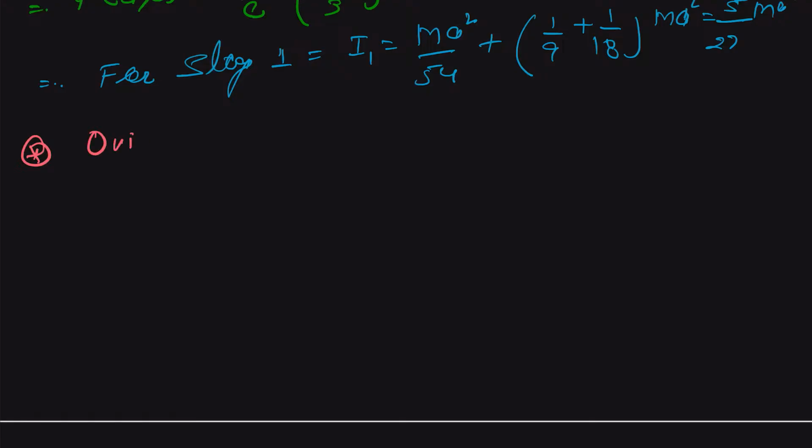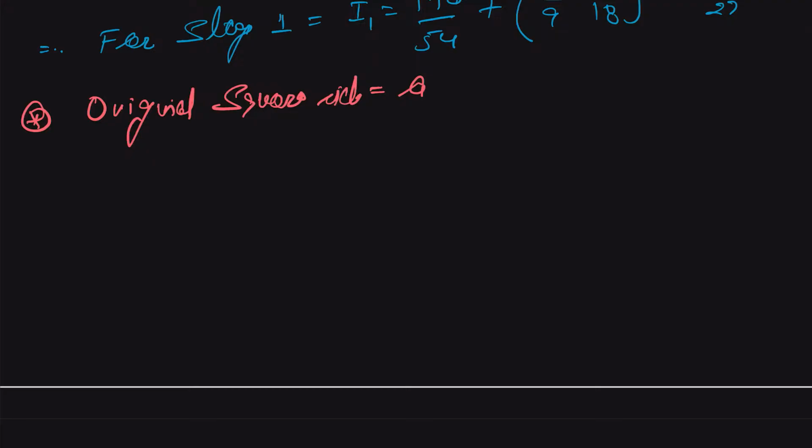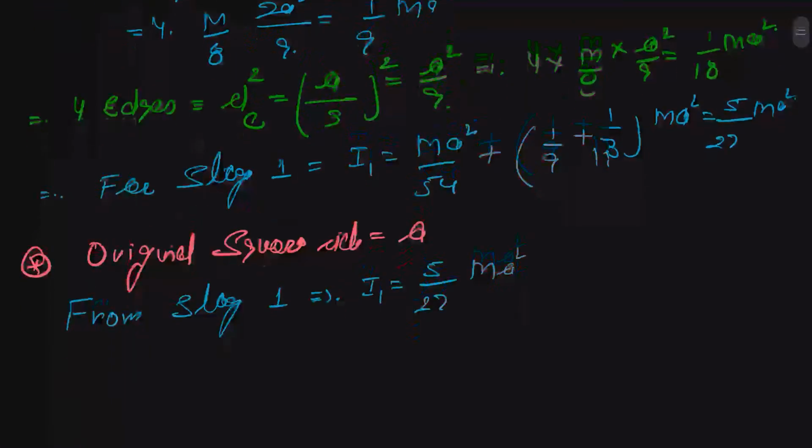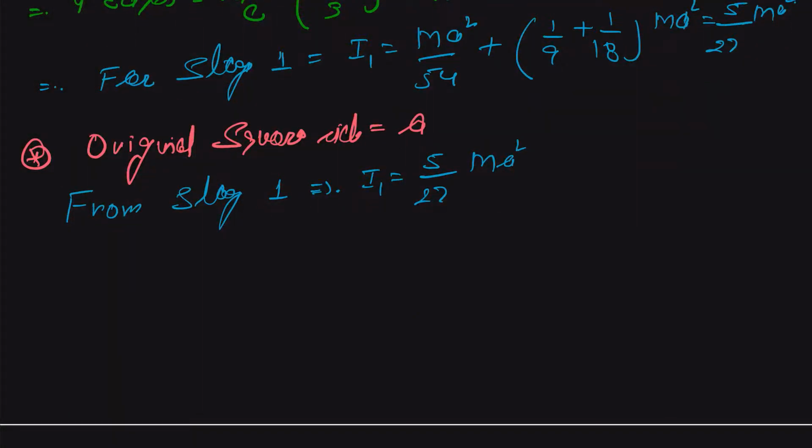We know that our original square side was A, and we found out from stage 1 that the moment of inertia, which is our I1, is 5 upon 27 Ma square, and this moment of inertia is at the center O. We found this because of all these 3 by 3, or we can say 8, squares at the center, which we found out as I1, that is 5 upon 27 Ma square.